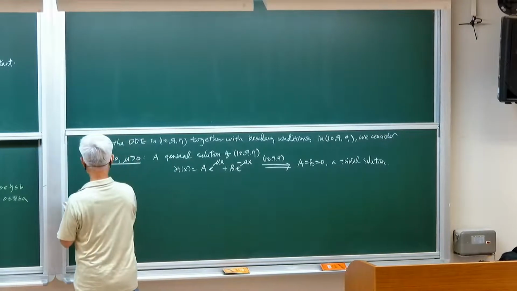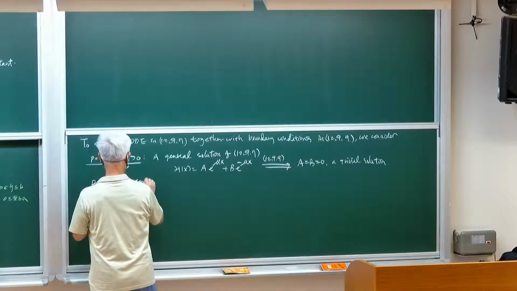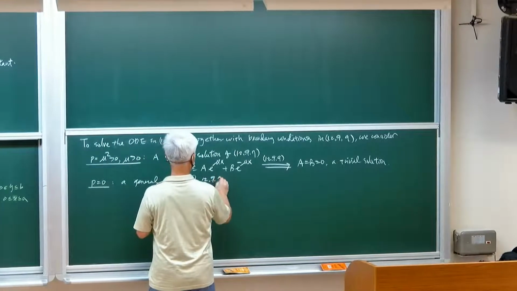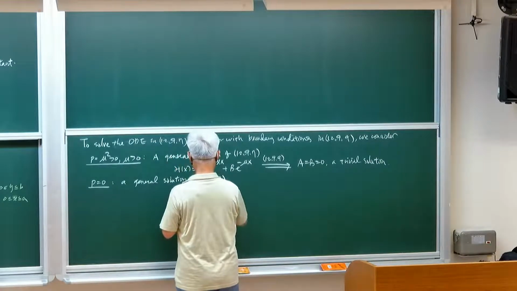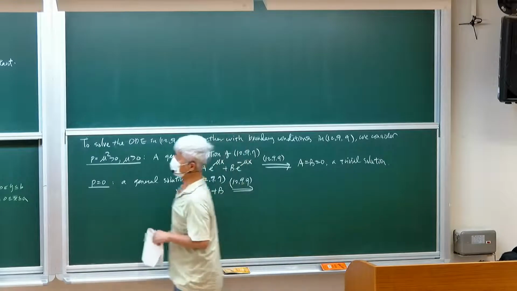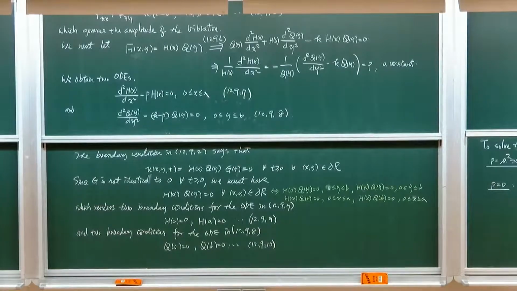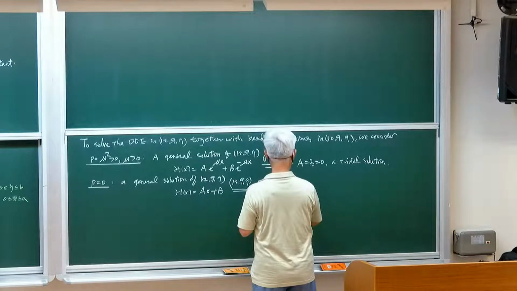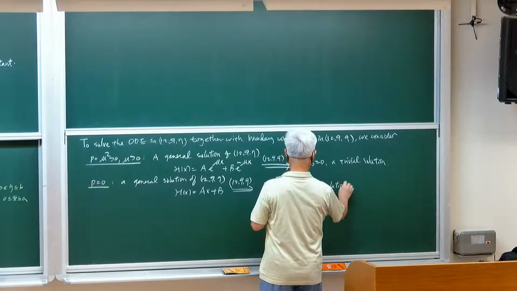And the second case, p equal to 0: a general solution gives us Ax plus B, and with the two boundary conditions, A equal to B equal to 0. Again a trivial solution here.